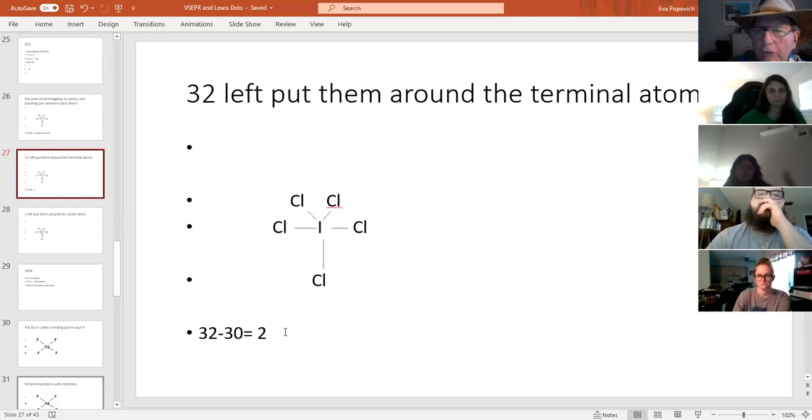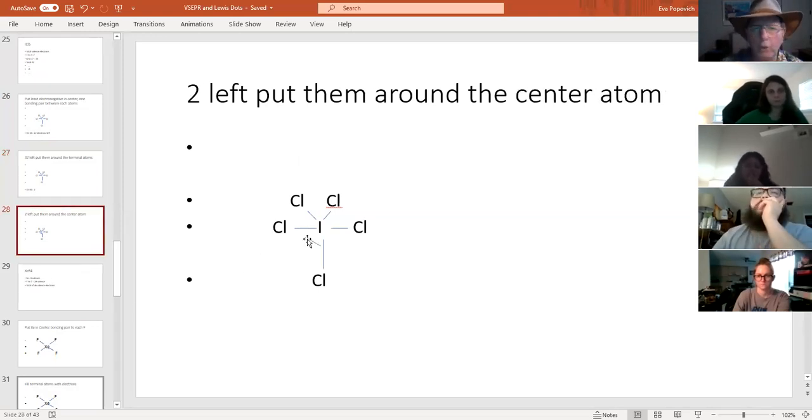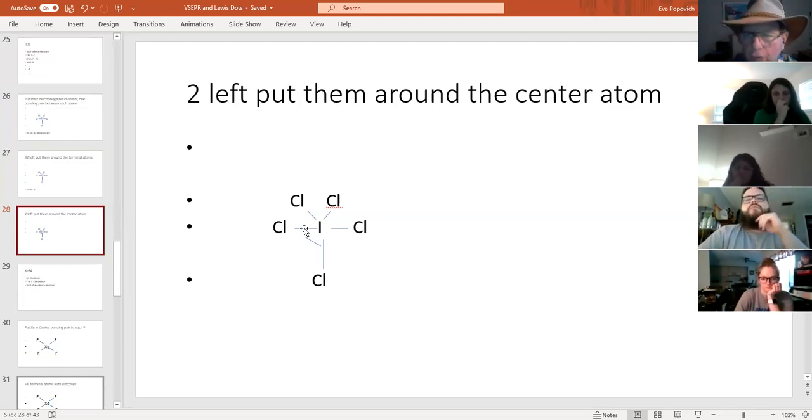Those 2 electrons have to go somewhere. Where they go is right on the iodine as a lone pair. So in fact, my iodine has 2, 4, 6, 8, 10. It has 12 electrons around it.